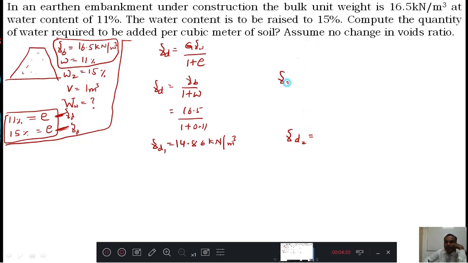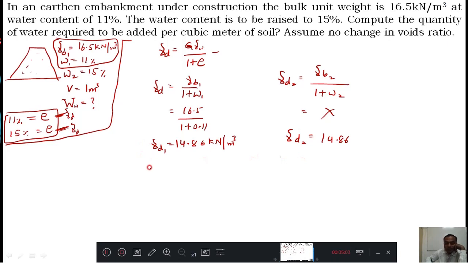Gamma D2 equals gamma B2 divided by 1 plus w2, and gamma D1 equals gamma B1 divided by 1 plus w1, but not required. Because gamma D1 equals gamma D2, 14.86, since the void ratio is the same, as I explained. Now it's over.